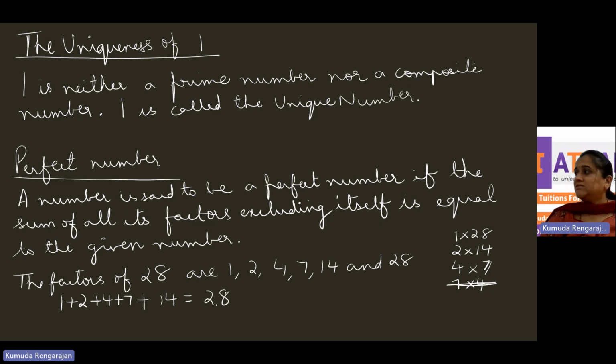So that means 28 is a perfect number. Why is 28 a perfect number? We found the factors of 28. Leave the number 28 itself and add the remaining factors. What is the sum you get? 28. So 28 is a perfect number.